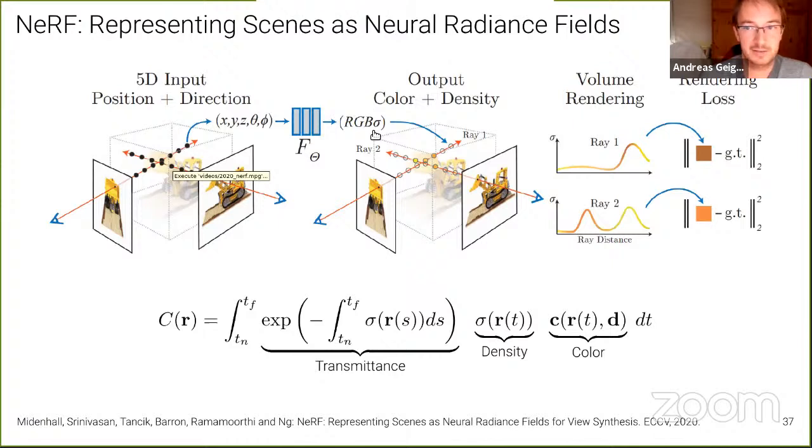And then they can apply volume rendering. They basically query this network at all points along the ray in order to render an image, right? So it's a slightly different representation. It's a very nice application of this classical volume rendering approach in computer graphics to these implicit models, right?